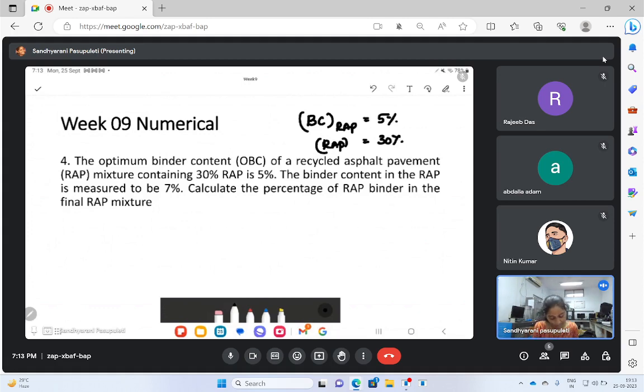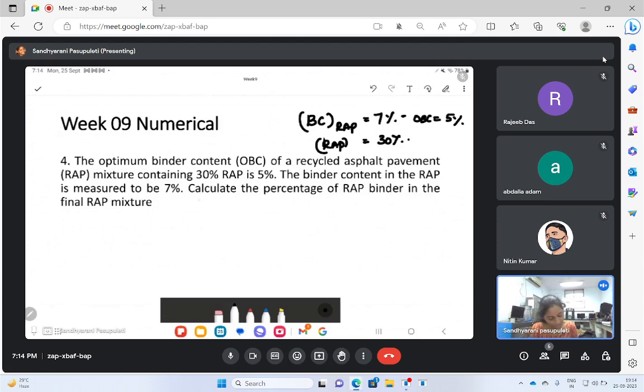The binder content in the RAP is measured to be 7%. So there is RAP, 30% is RAP in the total 100%. In the 30%, 7% is the bitumen in the RAP. And to this RAP, I have already mixed the new virgin aggregates and new binder. I have prepared the mixture and the optimum bitumen content of that new mix is 5%.